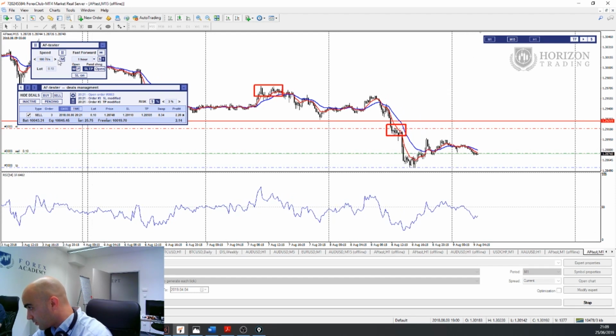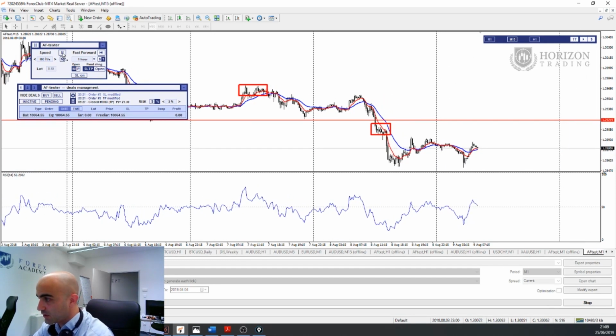It's still trying to retest that level. That's it. This was a trade that we opened, and within a few hours it was already giving us some profit. We're going from 200 to 200 profit if we had put one lot.